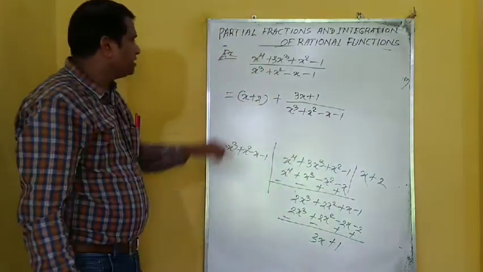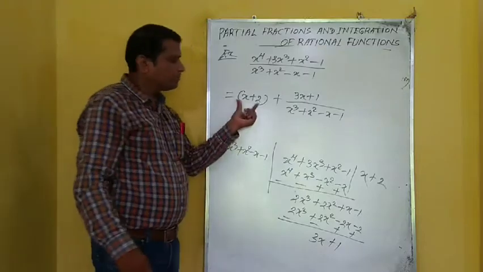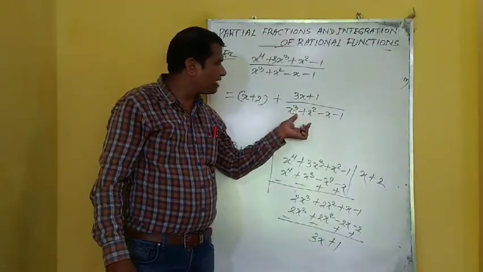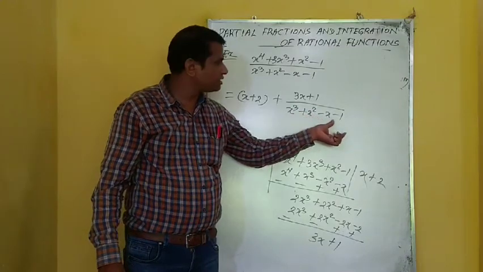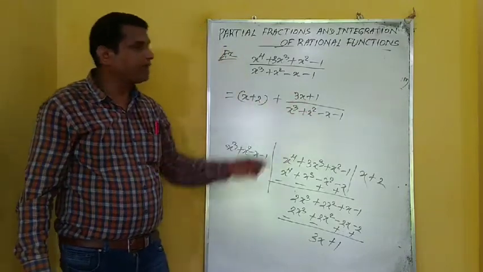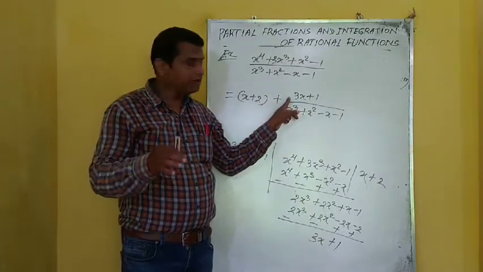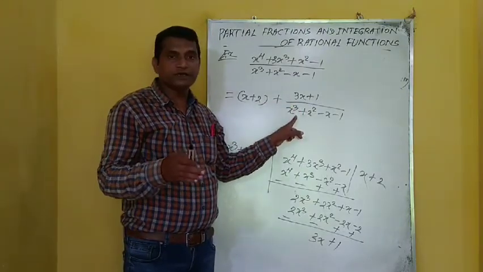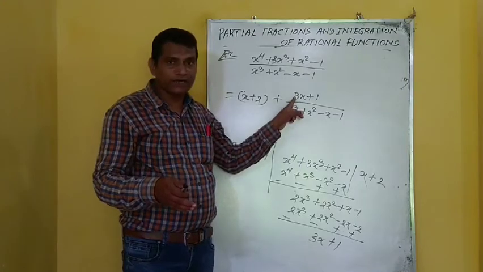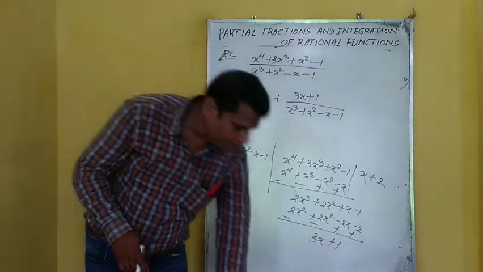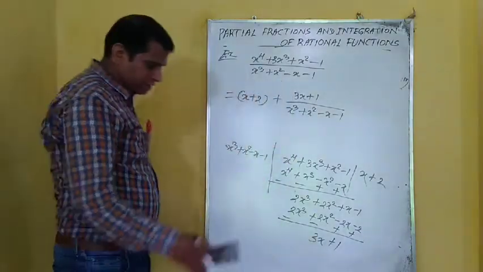Okay, that x plus 2 is a polynomial of degree 1 and 3x plus 1 by x cube plus x square minus x minus 1 is a proper algebraic fraction because the degree of the numerator is 1 and the degree of the denominator is 3. So the degree of the numerator is less than the degree of the denominator.